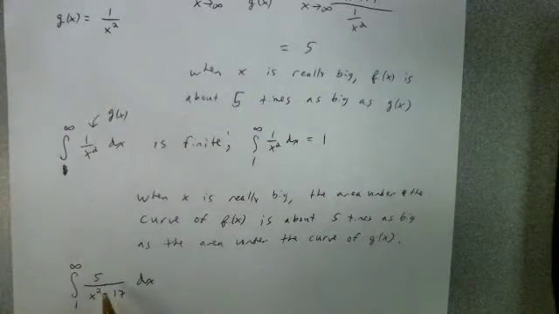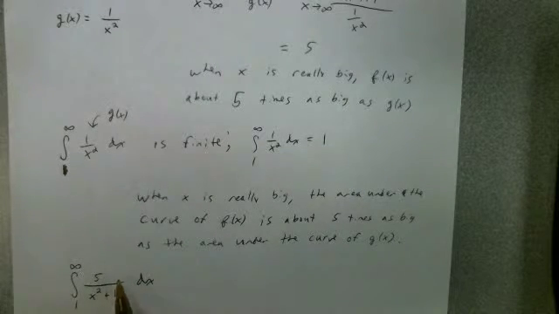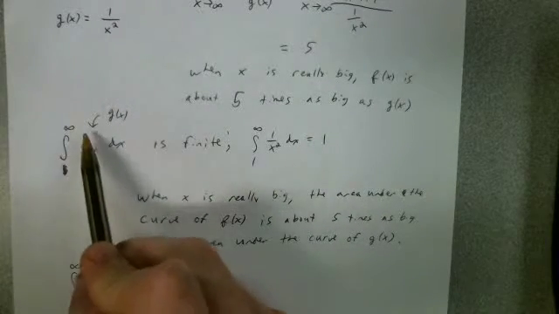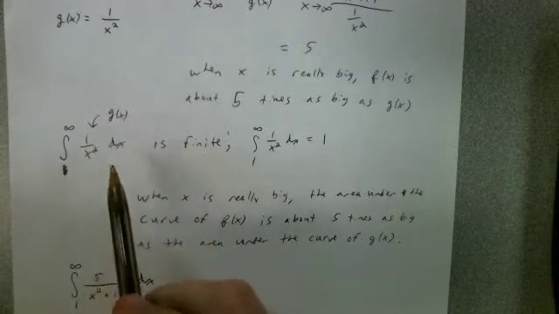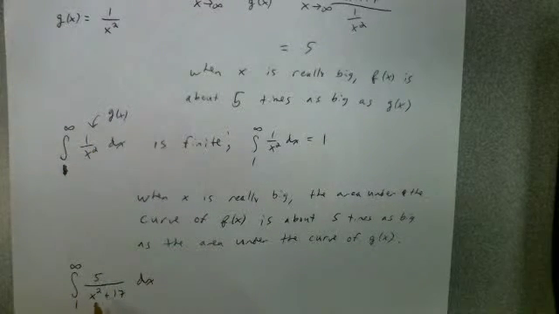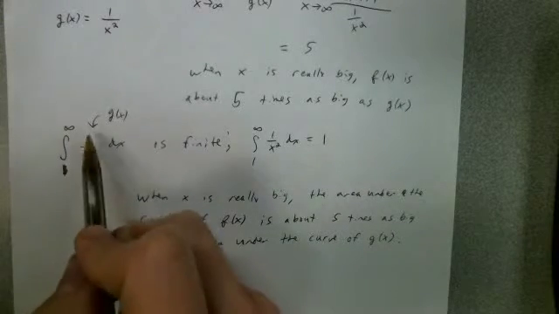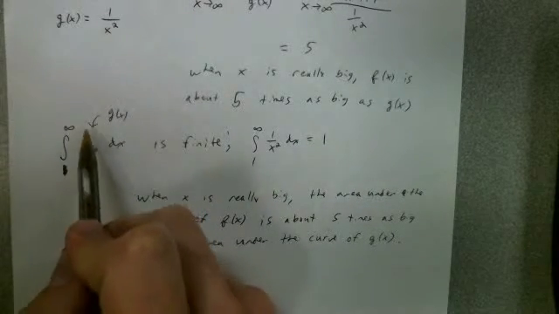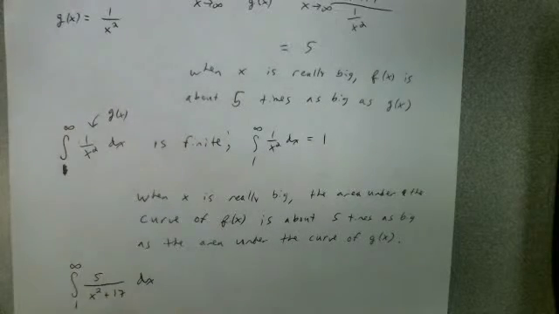The reason is, past some point, way off in the distance, way past 1, this function here is about 5 times as big as this function. So past some point, the area under the curve of this function is about 5 times the area under the curve of this function.